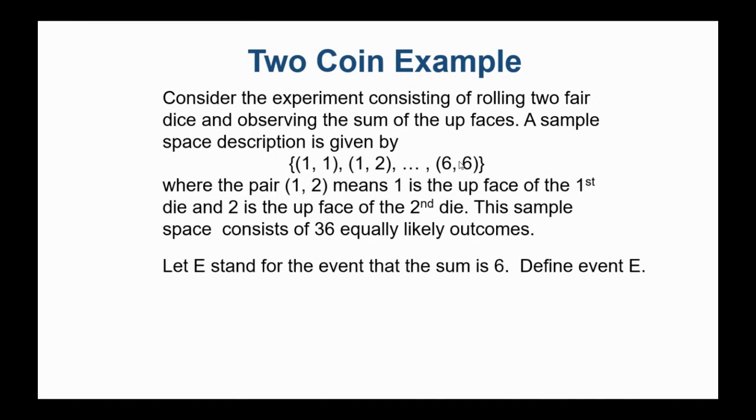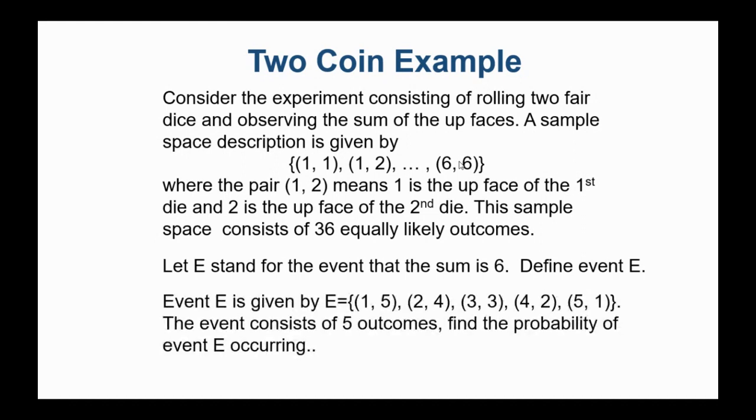What's another? 2 and 4. 3, 3. 4, 2. 5, 1. So that would be our event, that we get one of those options, which means there's 5 total outcomes that we actually want.